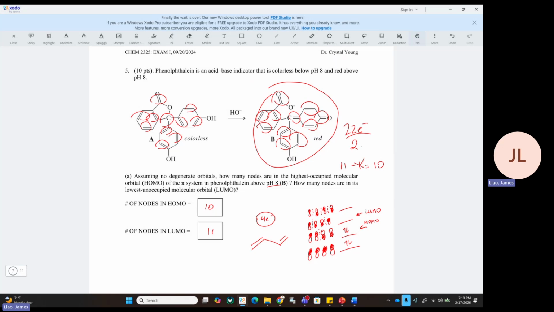But with the other system over here, with a total of 22 electrons, the conjugated system's HOMO and LUMO at 10 and 11 have a much smaller gap than the HOMO and LUMO of nodes 3 and 4.